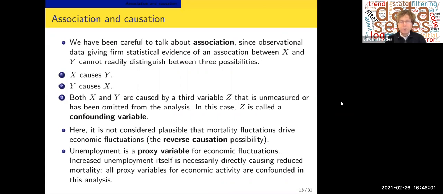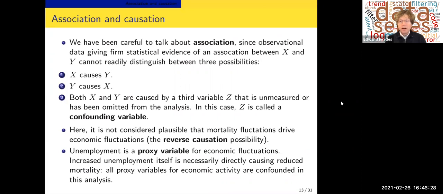In many other situations, if somebody tells you it looks like X causes Y, you can say, well, are you sure it's not Y causing X? And I guess at some point we have to rely on what economists and epidemiologists consider plausible. They don't consider the reverse causation plausible.